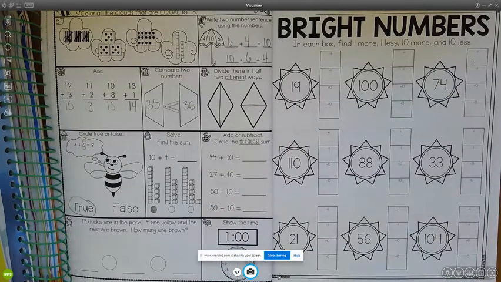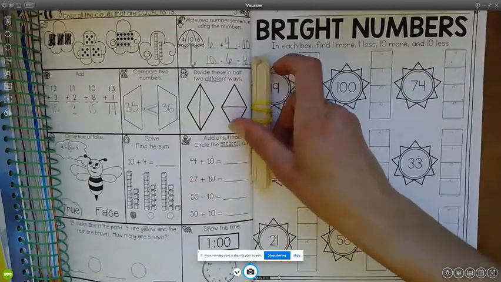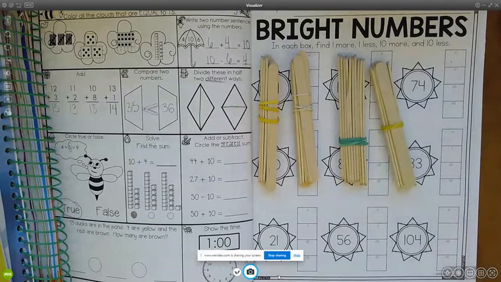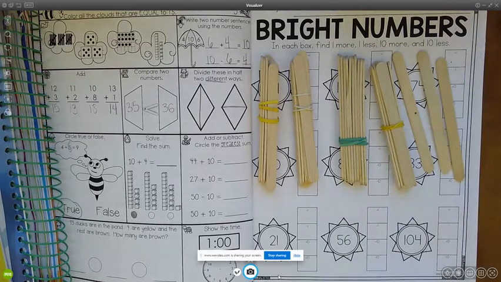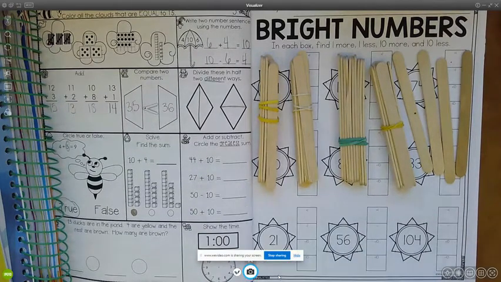So I have 44, so 10, 20, 30, 40, 41, 42, 43, 44. I'm going to add 10 more.